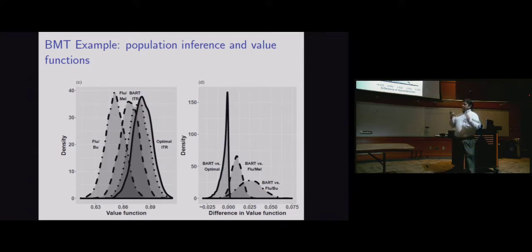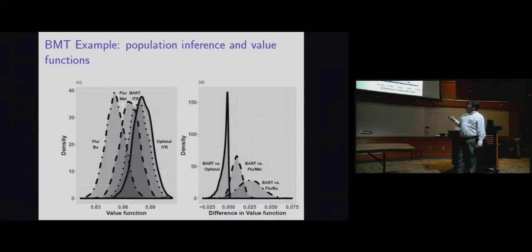It's not a rule that you can actually write down. But it is the optimal inference on the optimal ITR. You can see the optimal ITR is close to the BART ITR, but not quite, it's still a little bit better. So it gives you an idea of how close you get to the optimal ITR by using this BART rule.